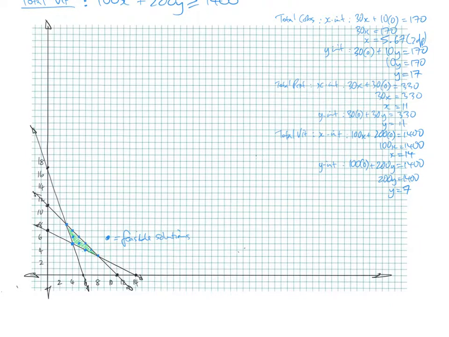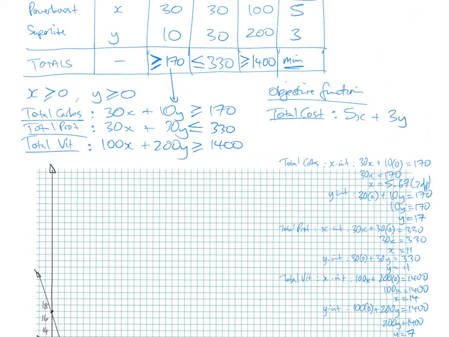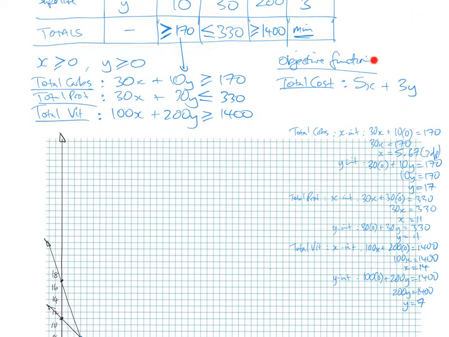Now, to apply the simplex algorithm and minimize the cost, which is represented by the objective function 5x plus 3y, we need to find the cost of each feasible solution combination and identify the lowest. This is applying the simplex algorithm. So how do we do that?